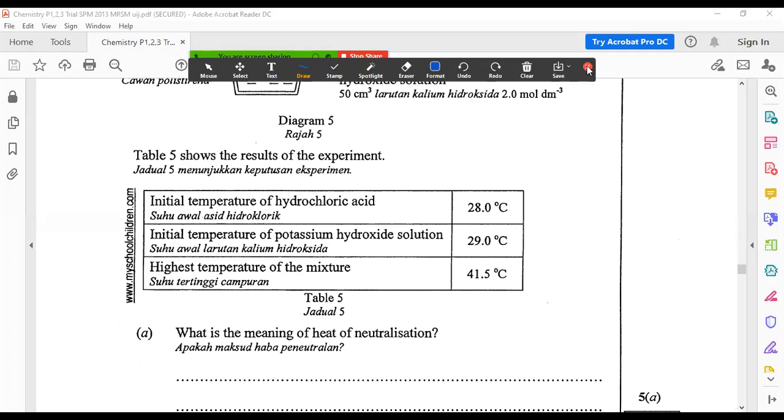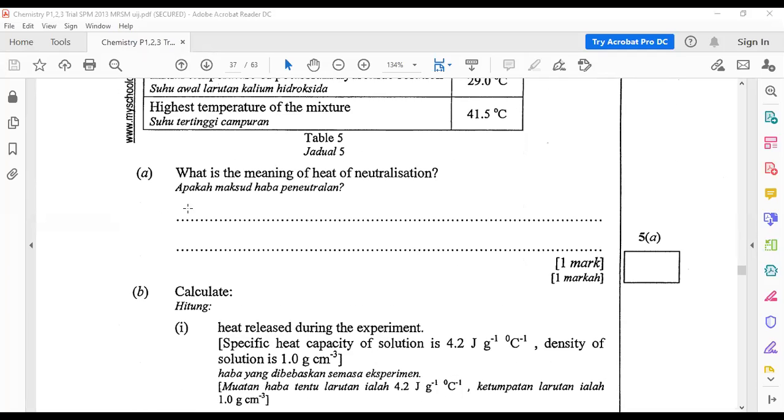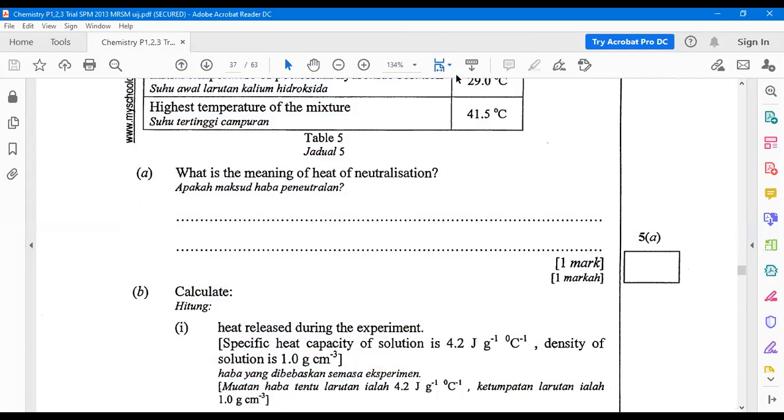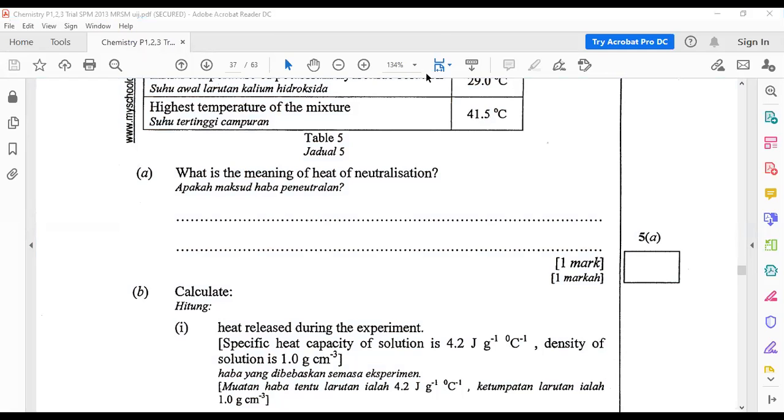Okay, now his answer is not wrong, correct? But you can write like this actually. What is the meaning of heat of neutralization?